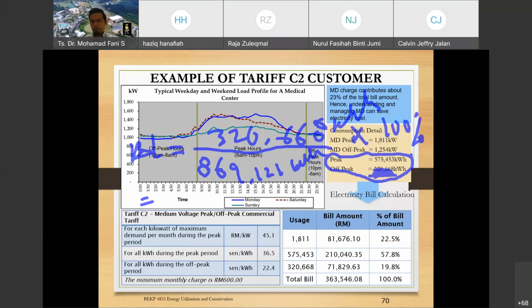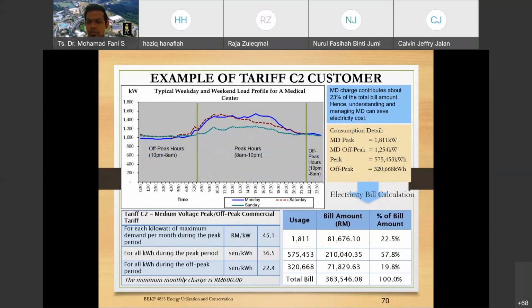Okay, before the end of our class, what's your task for today? If this consumer wants to change their tariff to C1, this one is the calculation for C2.